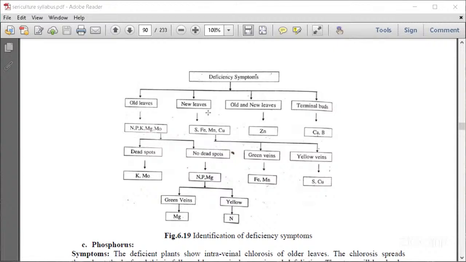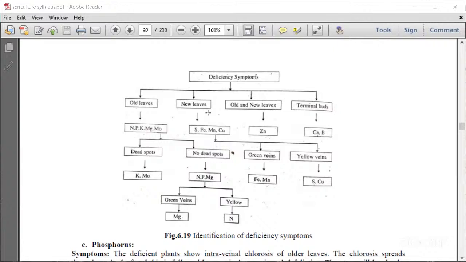The other element is zinc. So what are the symptoms if it gets deficient? Young leaves show interveinal yellowish spots. Irregularly shaped leaves with short internodal distance, giving a bushy appearance to the plant, are observed.